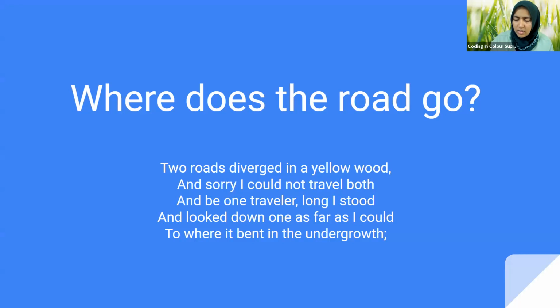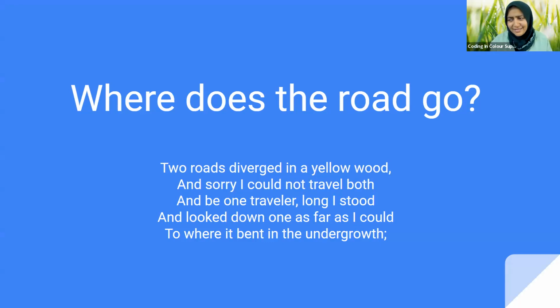So in this case, I wanted to put up the first few lines of a very famous poem by Robert Frost, because it's what came to mind when I was thinking about the choices we make in our careers, where when you make a choice, you're kind of choosing not to do something else.